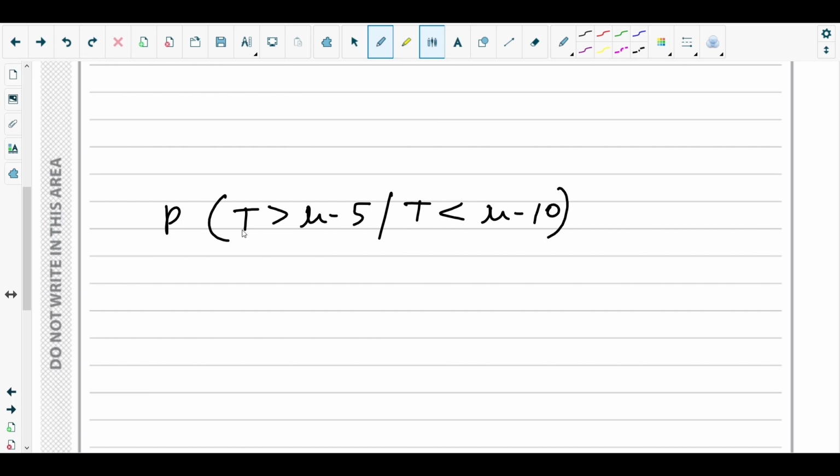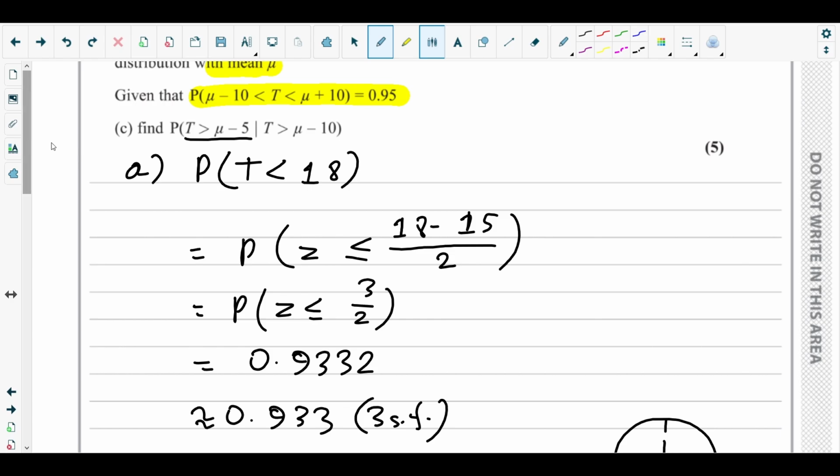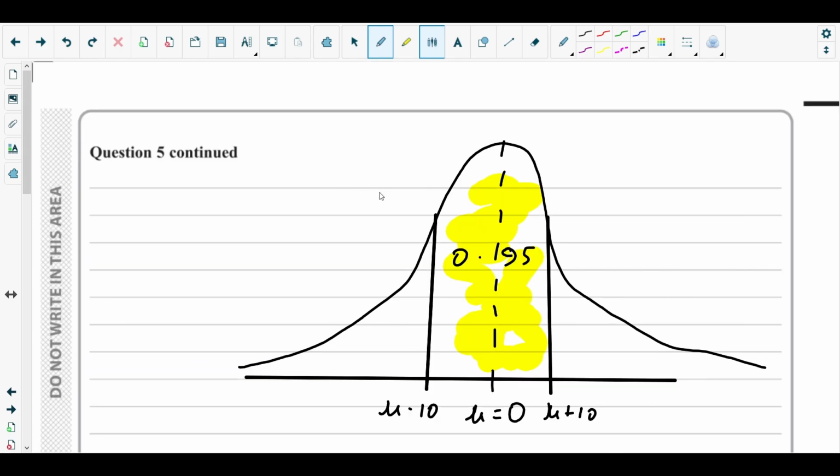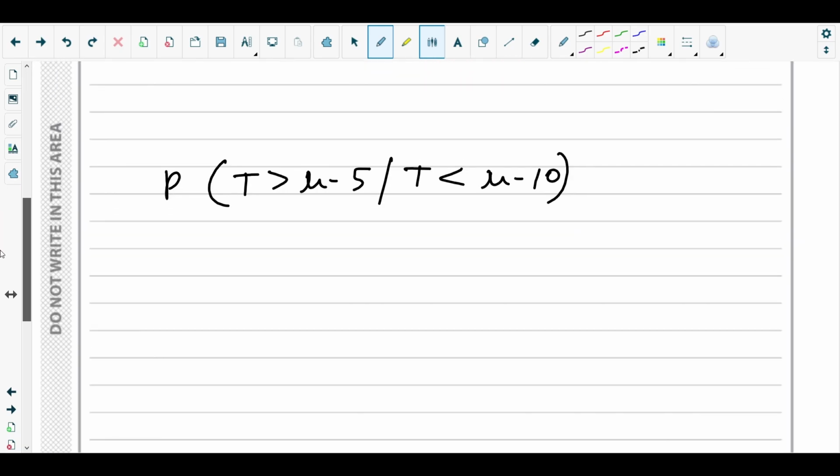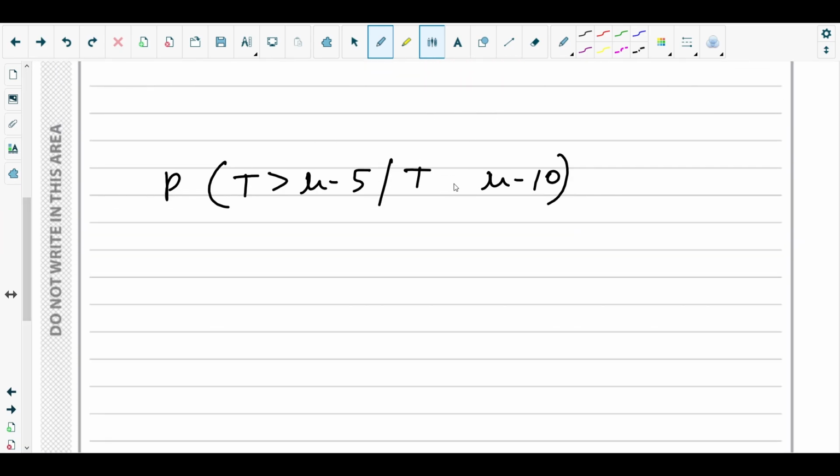Is this what they have asked for? T greater than mu minus 5, given t greater than mu minus 10. Okay, it should be greater than.